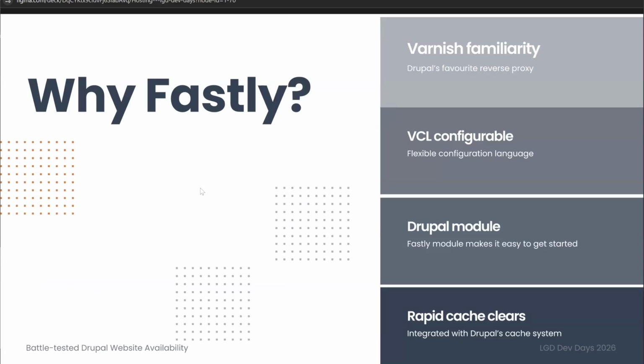So there's A, familiarity with it, and B, this has historically been what Drupal sites choose as a cache layer. So there's a lot of history of good configuration. So it will just work basically, and you'll note that Drupal.org is on Fastly, which is a good sign.